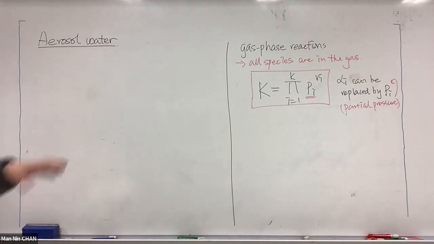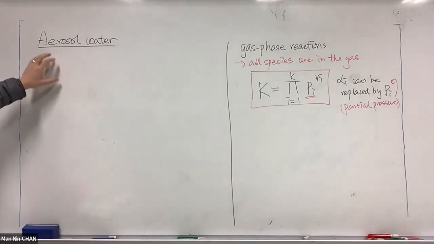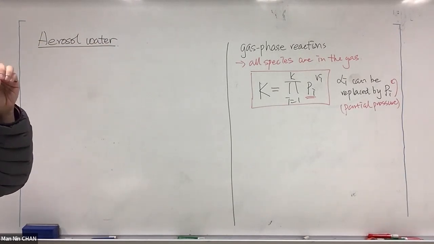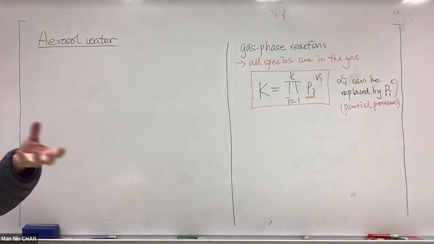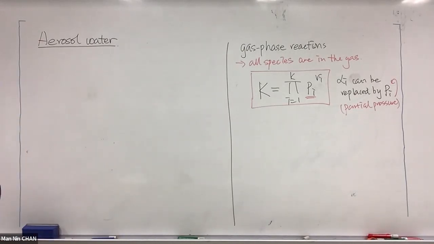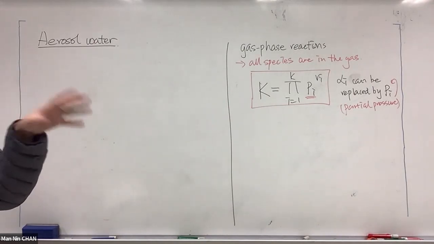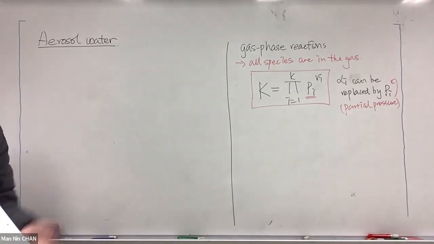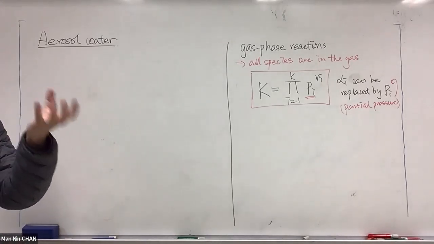All these compounds. But remember, you can imagine these compounds can also absorb water. For example, some salt, like sodium chloride. I always want to use sodium chloride, the table salt, as an example. In marine aerosol, we can find a lot of sodium chloride. So the salts can also absorb water.